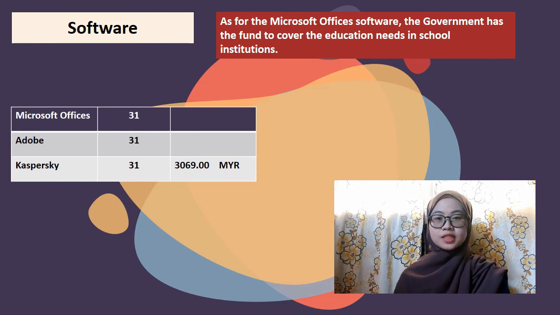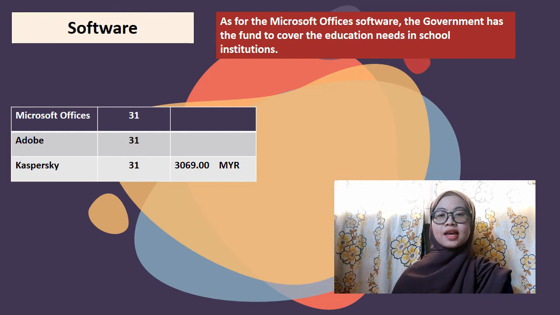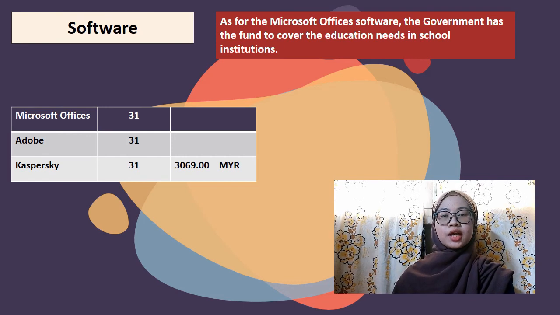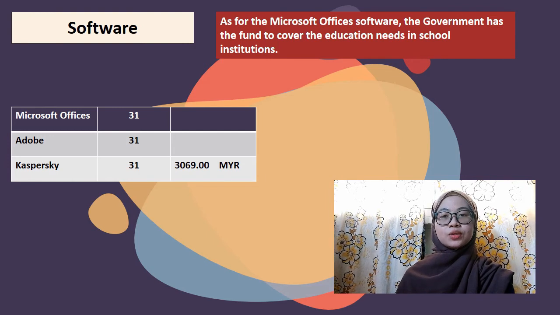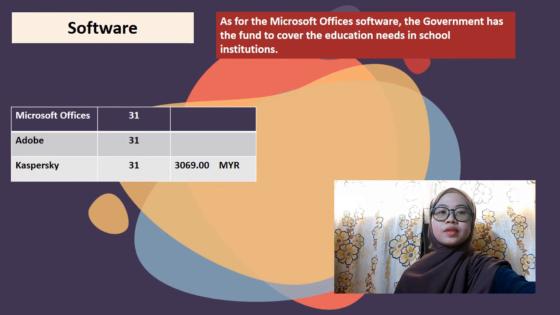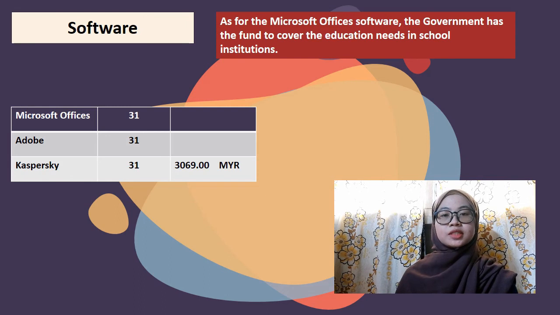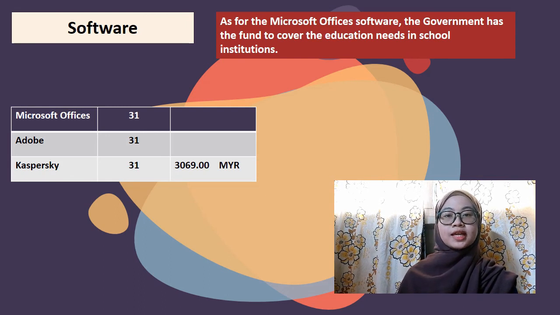As for Kaspersky, which acts as security for the computer, we decided to subscribe one PC for 1 year, and the total amount of the subscription for 31 units, including teacher PC and students PC, is worth about 3,069 ringgit Malaysia.